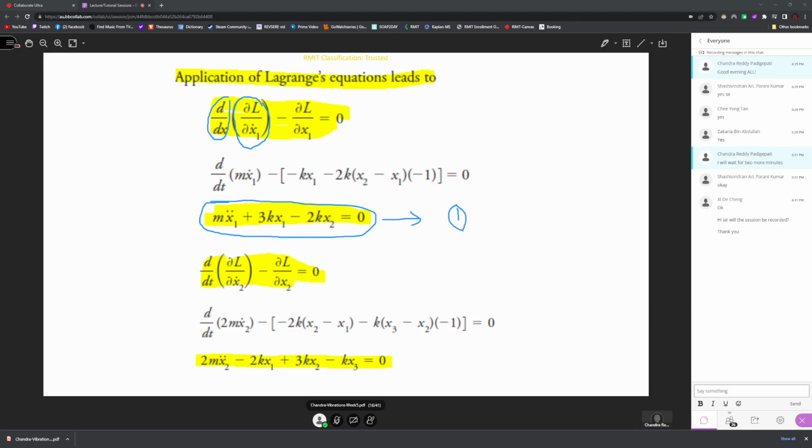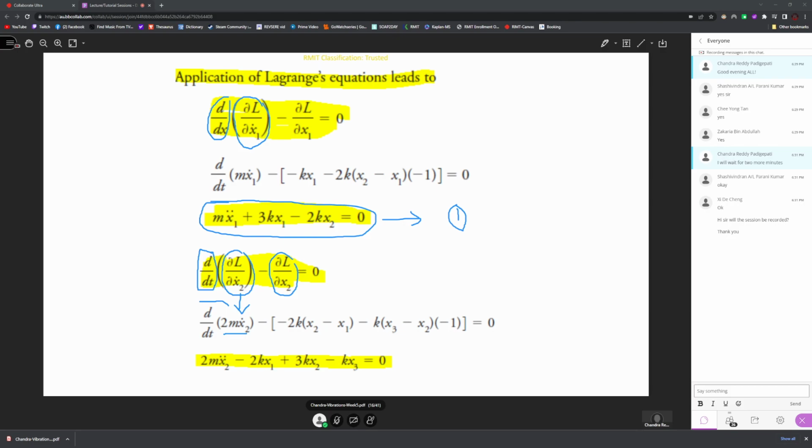For the second equation of motion, you take the partial derivative of L with respect to x2 dot, the velocity of mass 2, then minus the partial derivative of L with respect to x2. Whatever you get for the partial derivative of L with x2 dot, you take the full derivative, d by dt. You can see the partial derivative of L with x2 dot gives you 2m x2 dot.